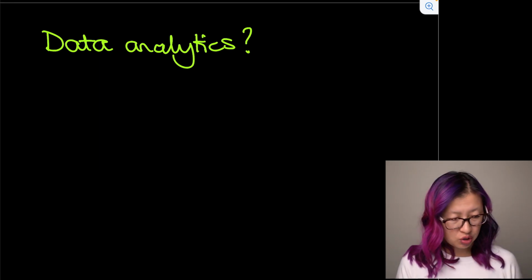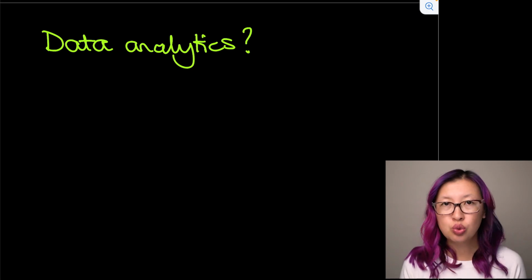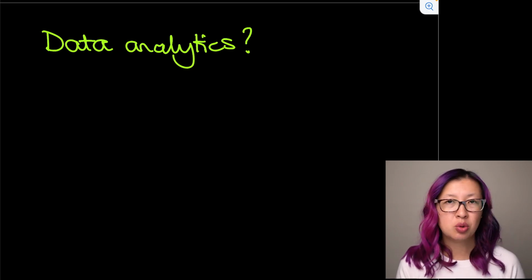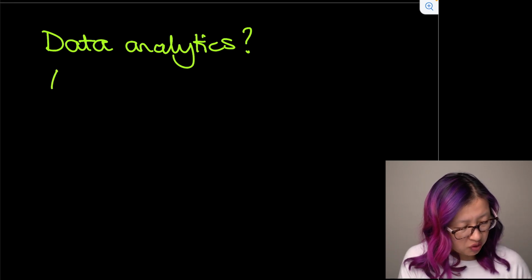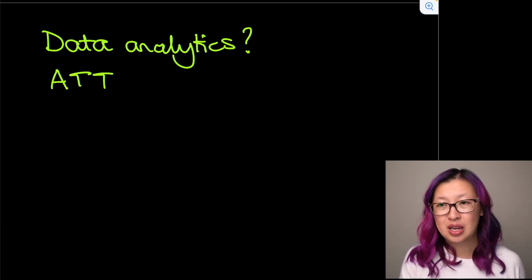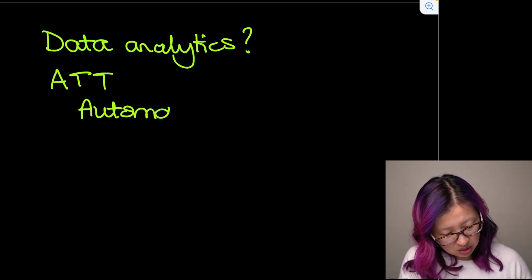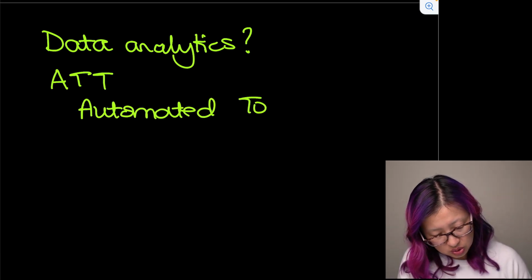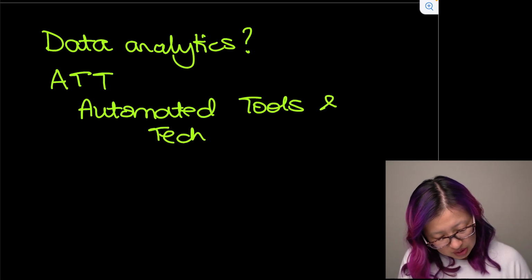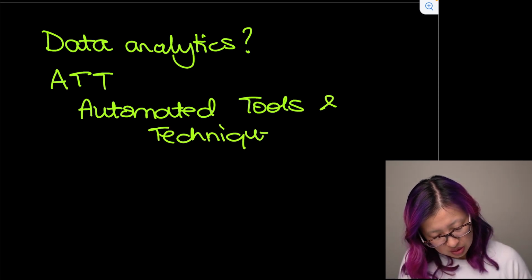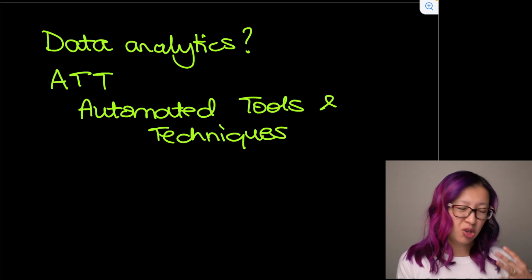So when you look across the world and you talk about the use of data and tools for data in relation to analytical procedures and the audit, you'll see often the term ATT, all right? And that stands for automated tools and techniques.